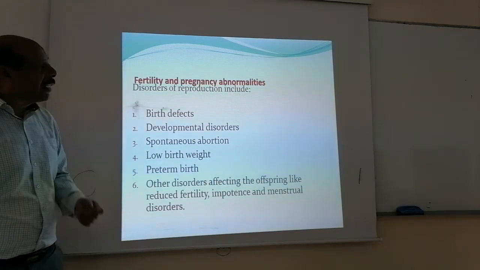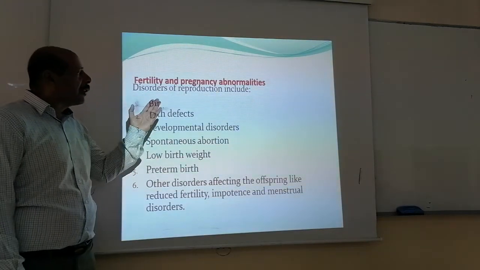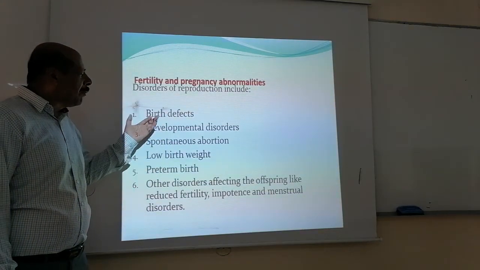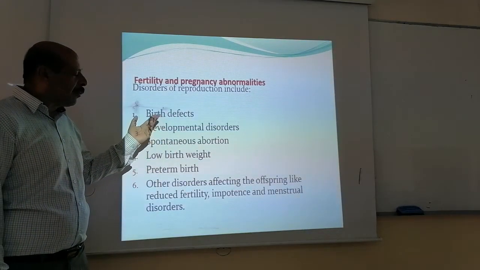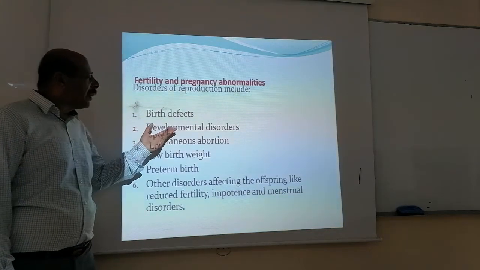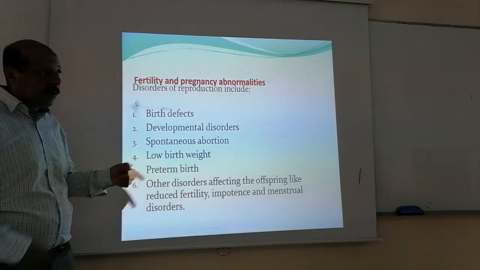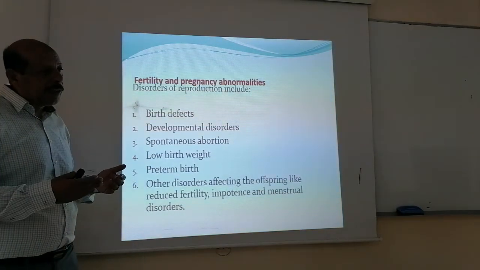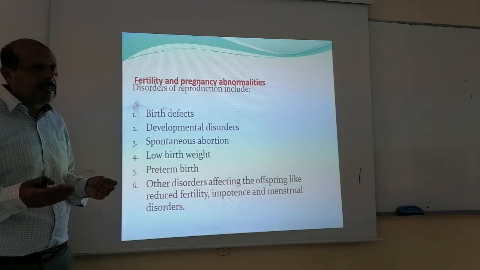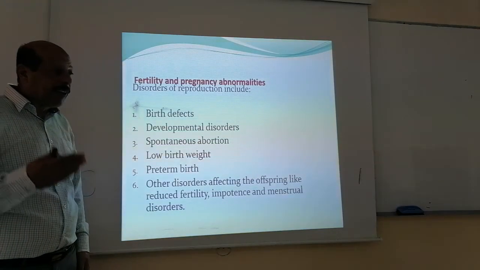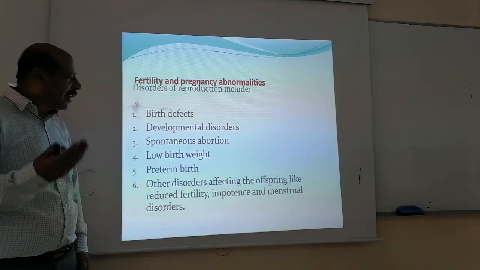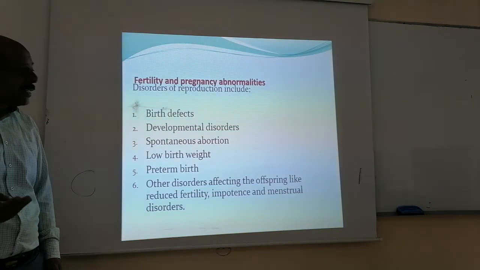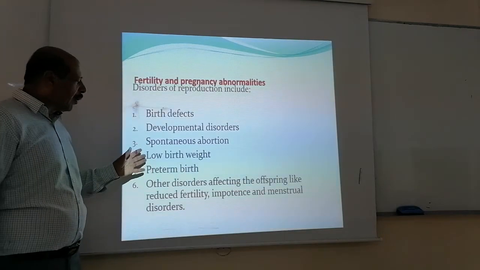Fertility and pregnancy abnormalities and disorders of reproduction include birth defects and developmental disorders, so the development of the children, because of exposure to certain chemicals, exposure to heavy metals, exposure to X-rays or any kind of rays, might lead to those problems.